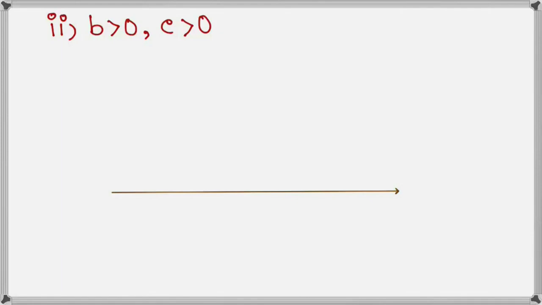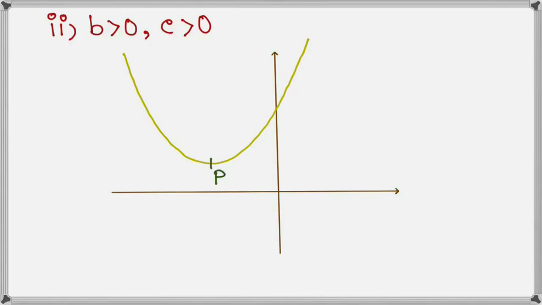Okay. Second subcase is b strictly bigger than 0 and c strictly bigger than 0. And here the parabola looks like this. So the vertex P is here and the y-intercept is here, and here also no real solution.